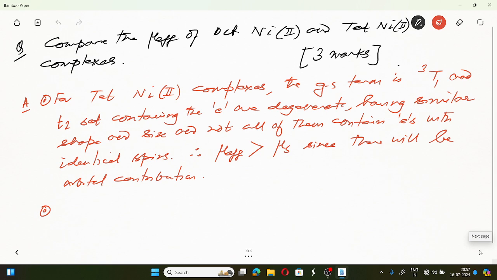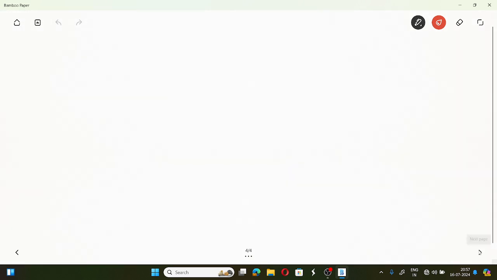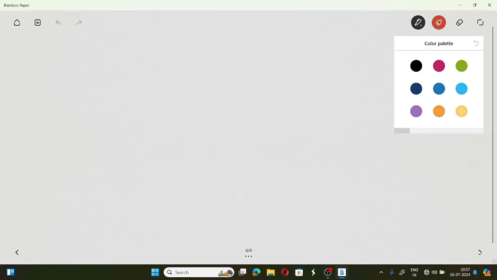See, if you look at this D8 octahedral system, if you remember, if you look at the Orgel diagram for D8 octahedral system, just if you recollect, this is triplet F and triplet P. So it will be just the reverse of D2. So this will be in the left hand side, if you remember.